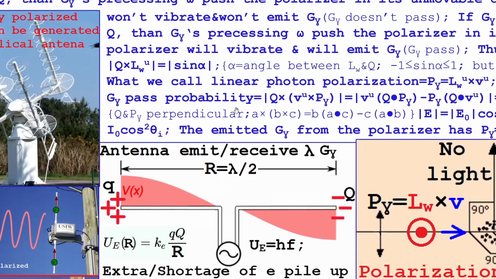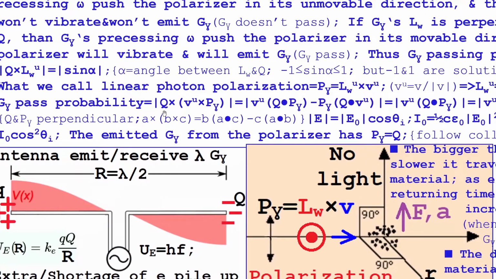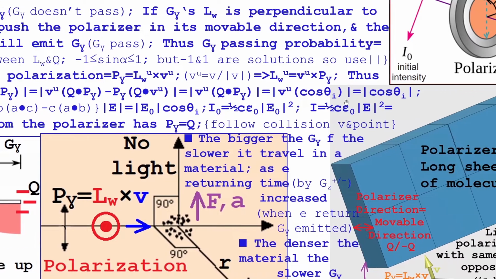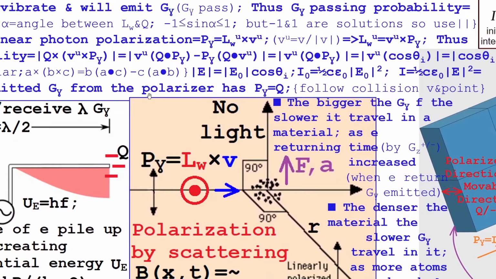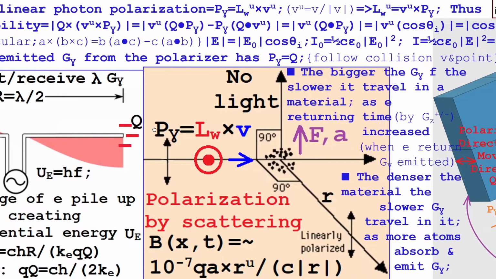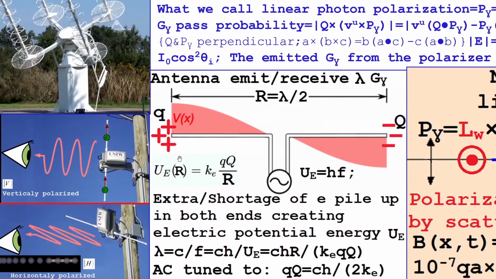Similarly, using also the Liénard-Wiechert equation, we can prove the properties of polarization by scattering. An antenna that creates vertical photon polarization direction is oriented vertically, such that the moving electron will hit a G particle and rotate it with angular momentum perpendicular to its emitted velocity and to its polarization direction.